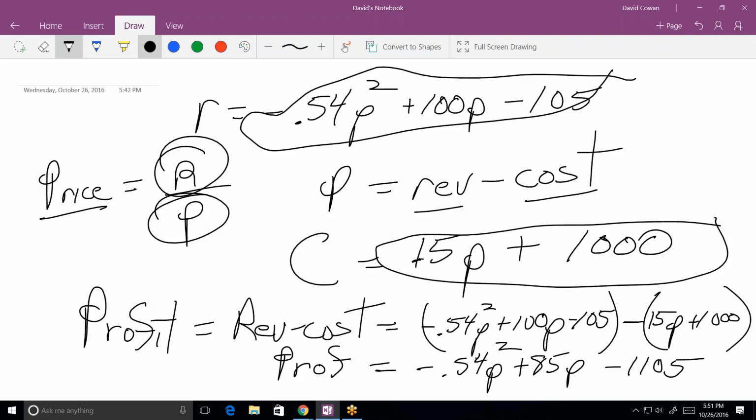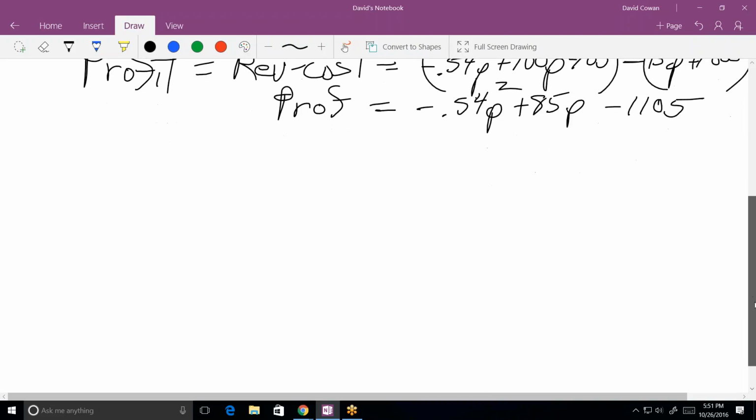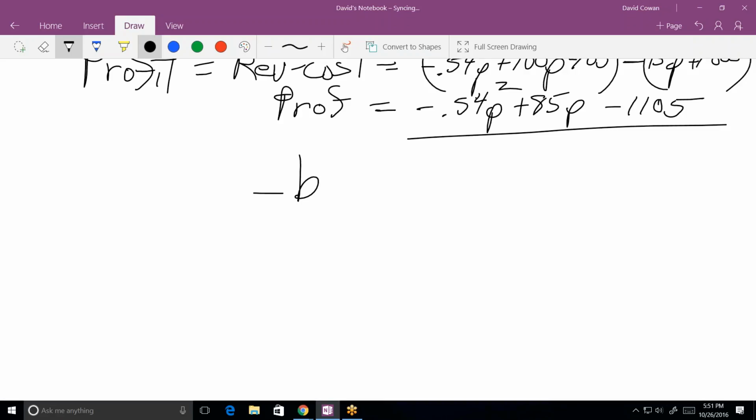Okay? Now, if I want the maximum, in other words, the P that maximizes my profit, then I've got to find the vertex of that. So what's minus B over 2A?